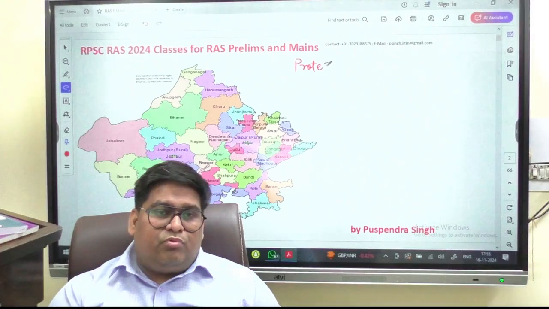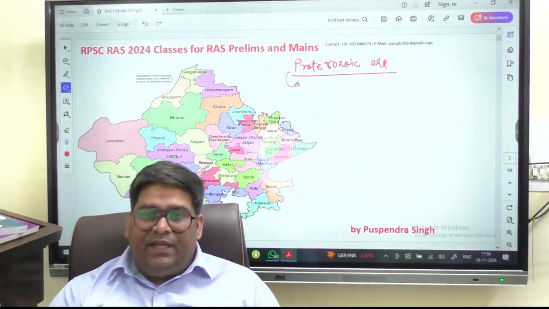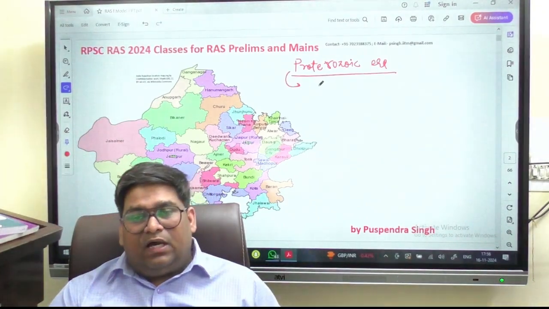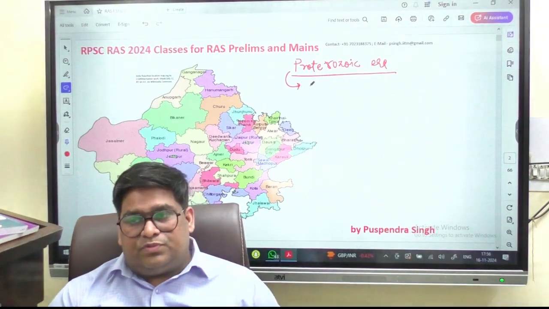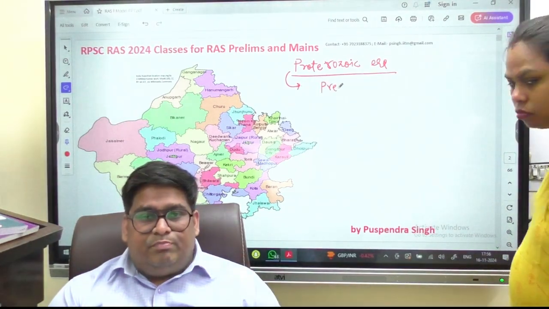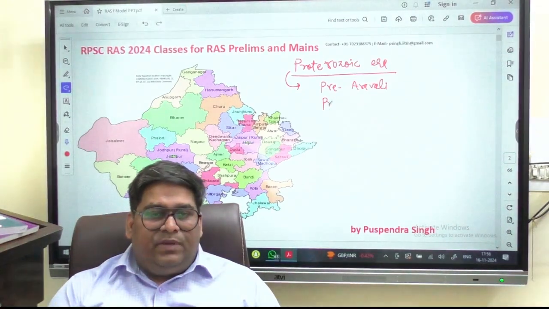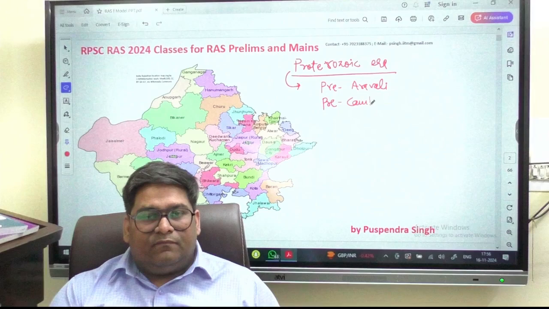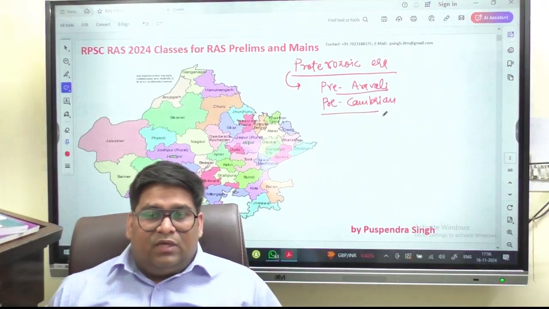Again, you can divide this Proterozoic era in Rajasthan into two subgroups, that is pre-Aravali and Precambrian. Again, we will discuss what is pre-Aravali and what is Precambrian.